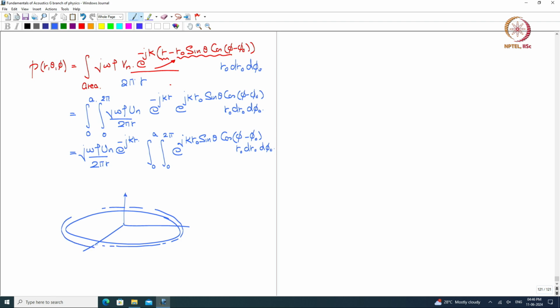Phi starts here, comes back to 2 pi here. So this field now is independent of phi.